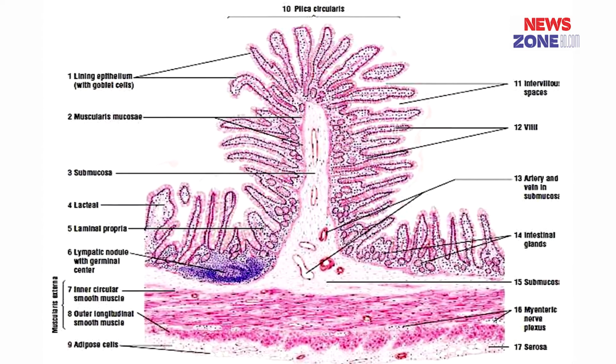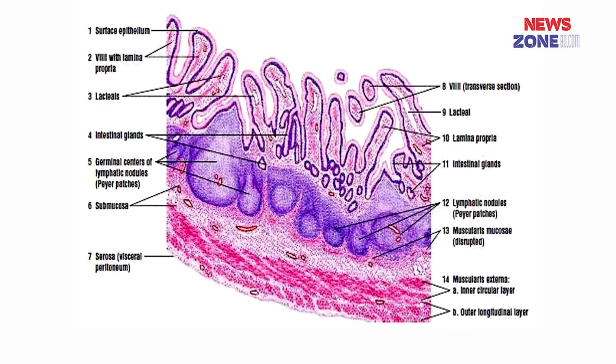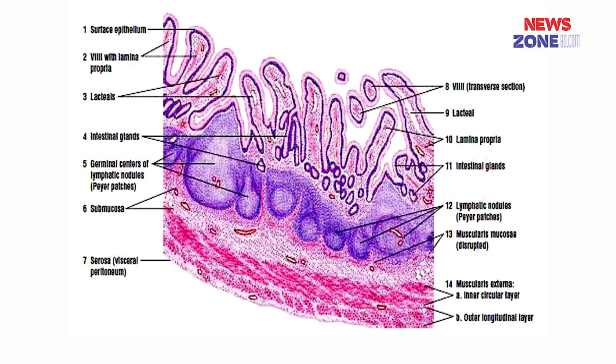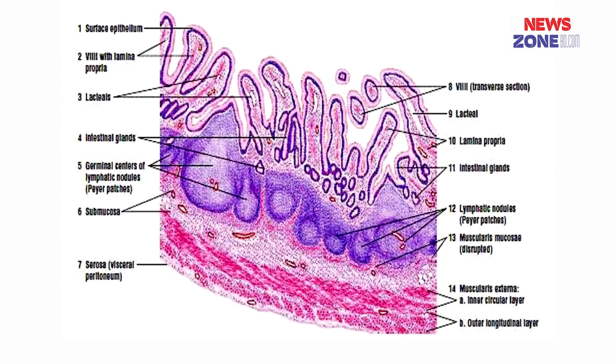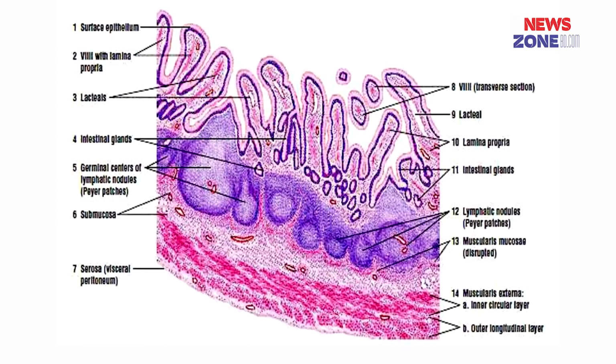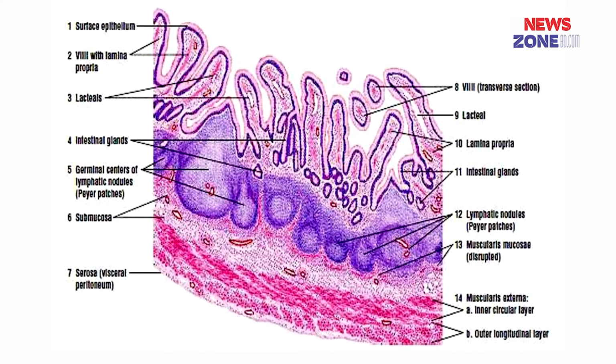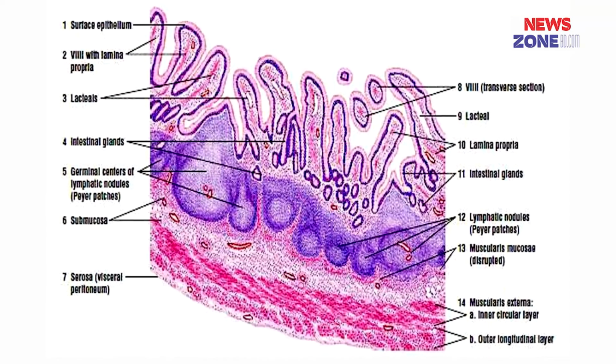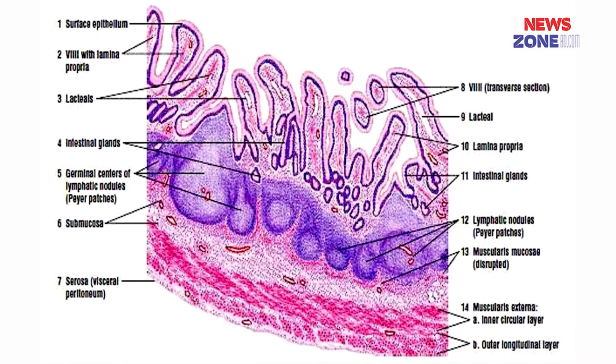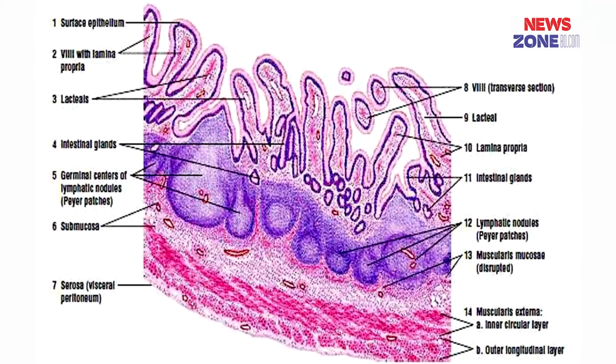And the third part, that means the ileum. It also has 4 coats from external to internal: serosa, muscularis externa, submucosa and mucosa. The mucosa is also lined by simple columnar epithelium, but with numerous villi and goblet cells.